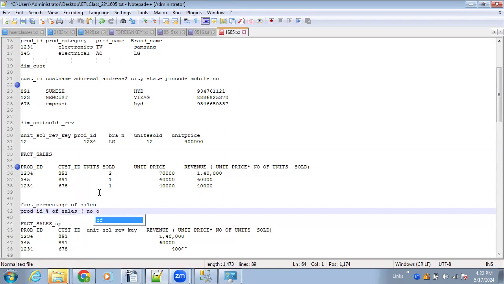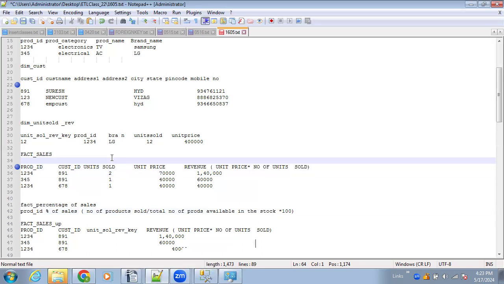Number of units sold, number of products sold, divided by total number of products available in the stock, into 100. Usually, units sold are 2.